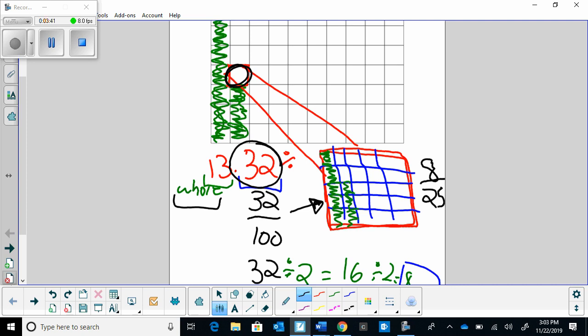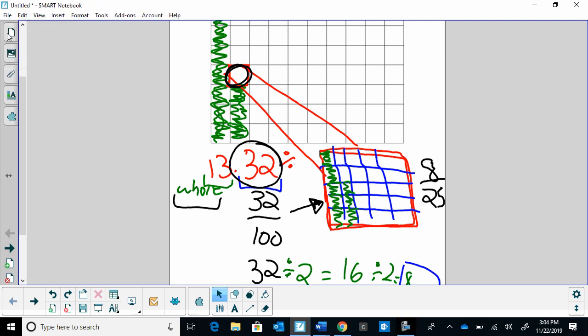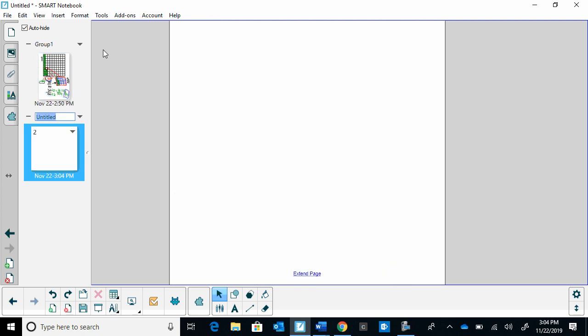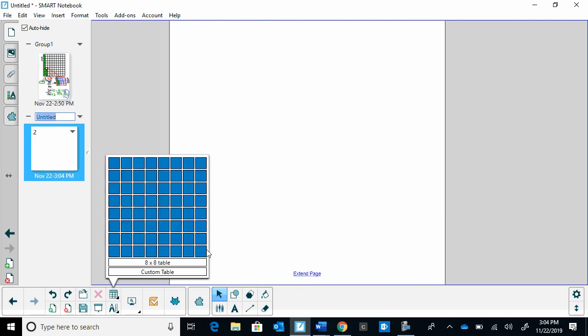Now what made this question simple is that it was a fractional percentage with some wholes. For example, if we get a new slide and a new table, let's make a new one and add, again, a 10 by 10 table.